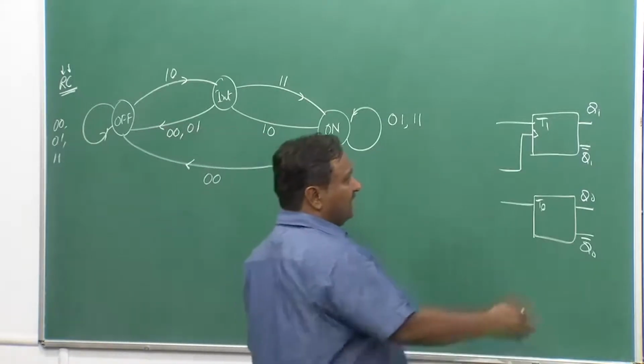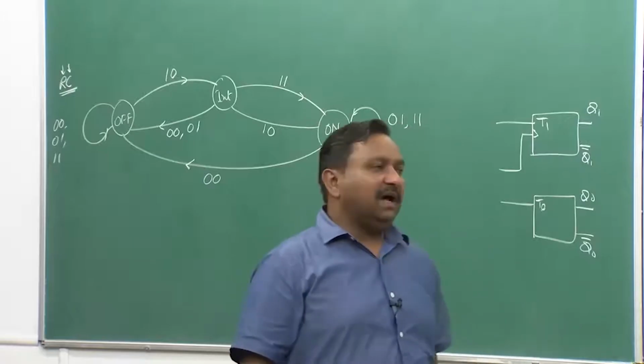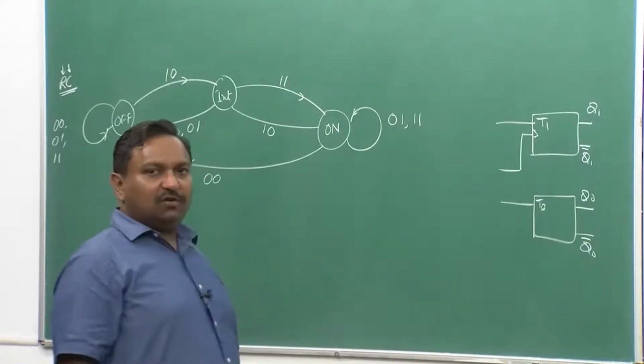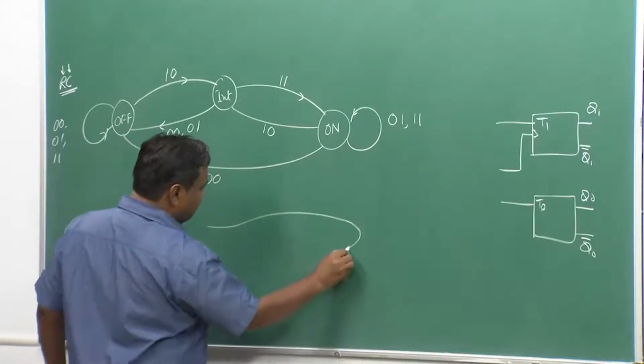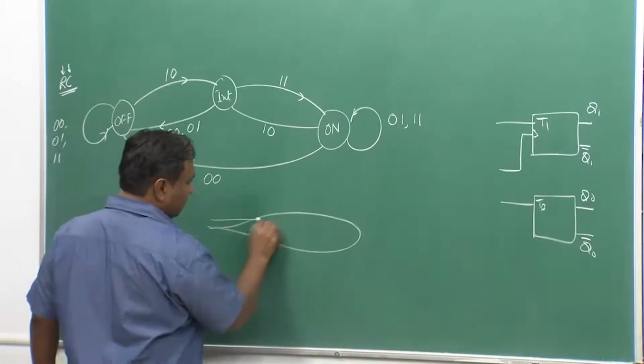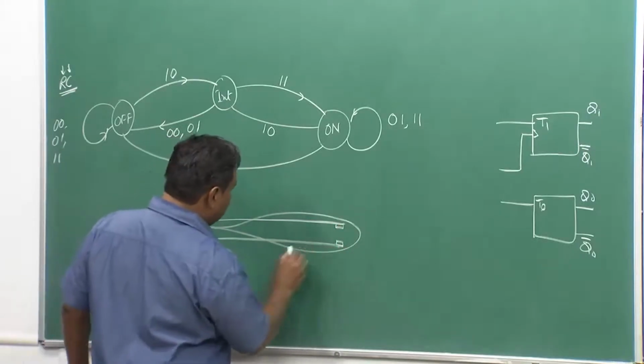And of course, I will take these state outputs, and based on that I will decide whether I am going to activate the cross point or not. The cross point is structured something like this, I had drawn it earlier also.